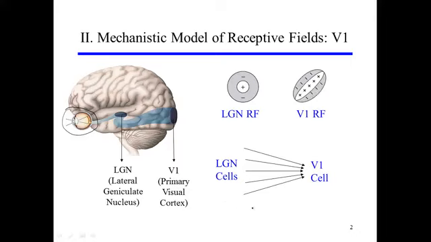If you look at the anatomy, you'll see that a number of LGN cells converge onto single V1 cells. What this means is that a single V1 cell receives inputs from a large number of LGN cells. And so the question then becomes, how do the inputs which have receptive fields such as this give rise to a receptive field in the output in V1 that looks something like this?